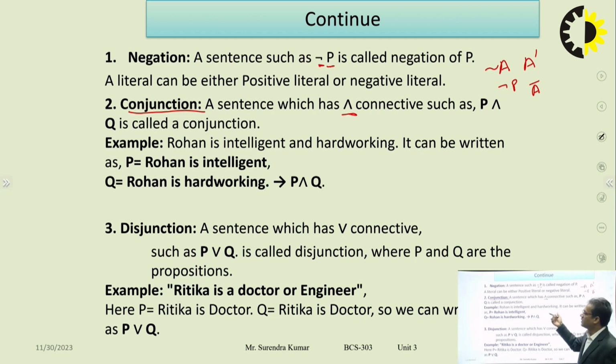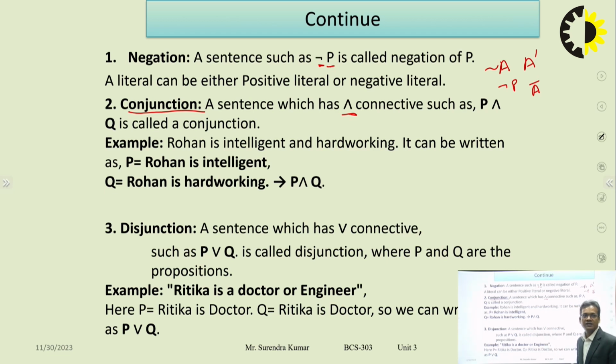Here we take an example: Rohan is intelligent. It is represented with the help of the symbol P, as I have discussed earlier that propositions can be represented with symbols, the alphabets A to Z. The second statement is Rohan is hard working, which is represented with the symbol Q. So if you are writing the statement Rohan is intelligent and hard working, you can combine these two statements with the help of the and conjunction.